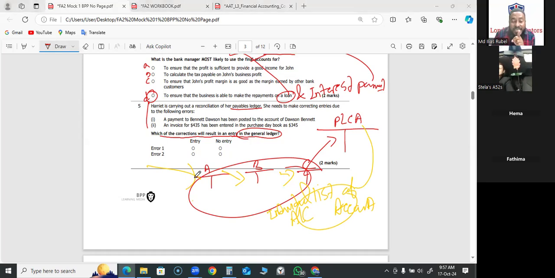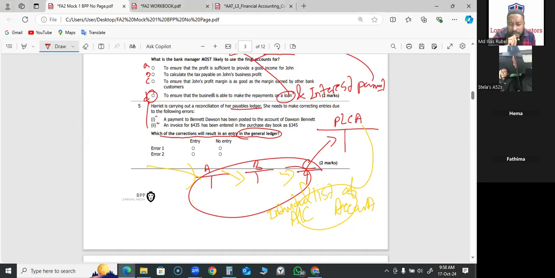Okay, reading the question: Harriet is carrying out a reconciliation of her payables ledger. They didn't say control. They said payables ledger. I would say this is individual. She needs to make correcting entries due to the following errors. What errors make the correction? There are two errors, 1 and 2.